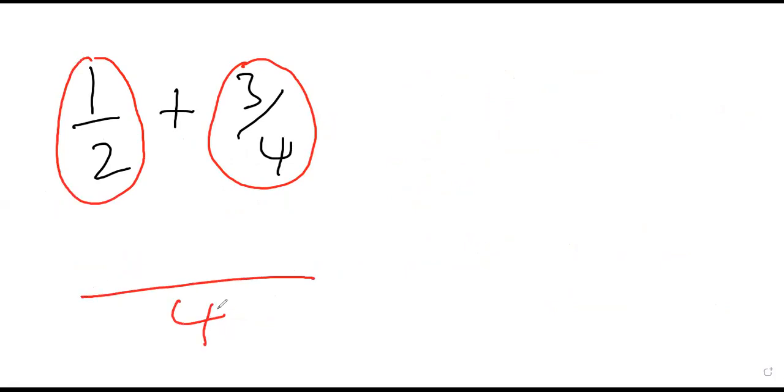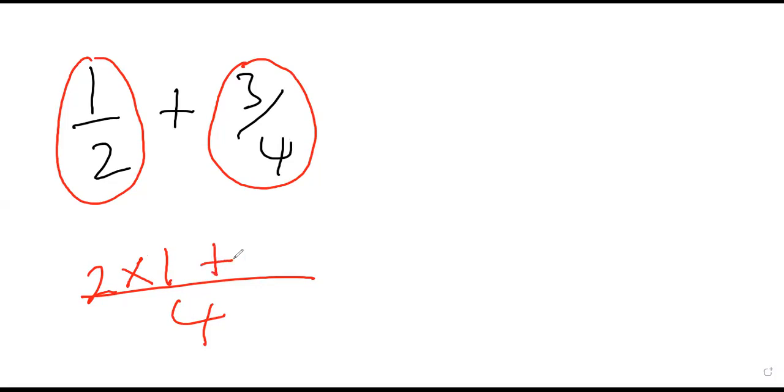We have 4, because 2 can go into 4 and 4 can go into 4. So we say, how many 2s can we have in 4? It's just going to be 2. And this 2 is going to multiply the numerator, which is 1. So it's going to be 2 times 1, right?